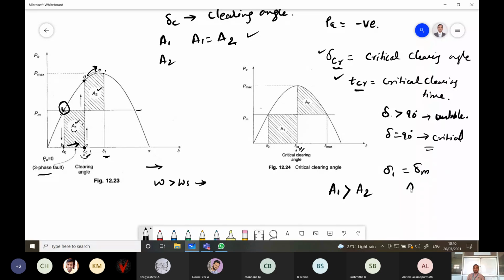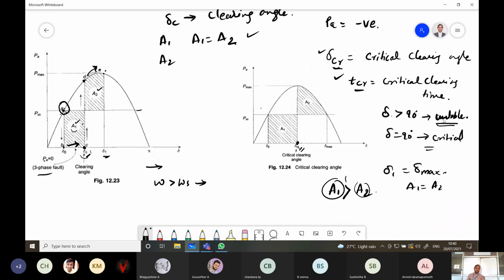Up to this, A1 will become equal to A2. If it crosses delta max, A1 is increasing and A2 will be decreasing. So for a clearing angle more than the critical value, that is delta CR, the system will become unstable.